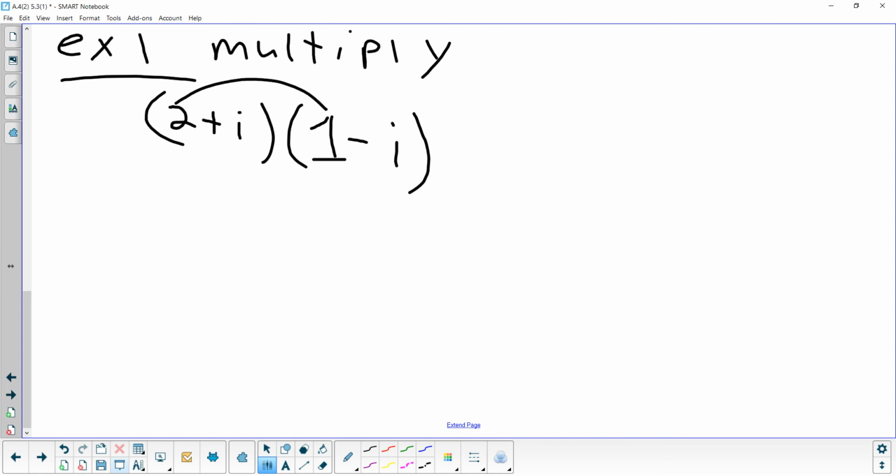Ben, what is that going to give me? 2. We get 2. Jaden, how about 2 times negative I? Negative 2I. It's just like doing 2 times negative x. We would say negative 2x. Well, this is 2 times negative I, so it's negative 2I. Don, how about 1 times I? Yep, it's just an I.